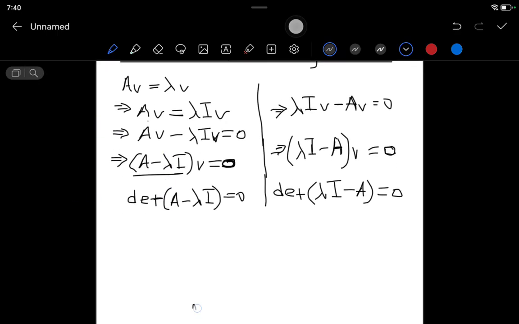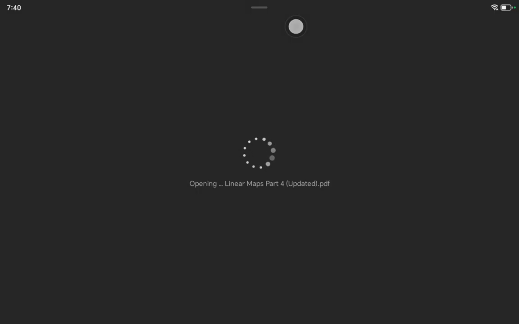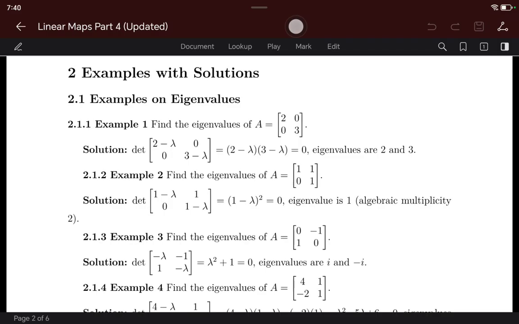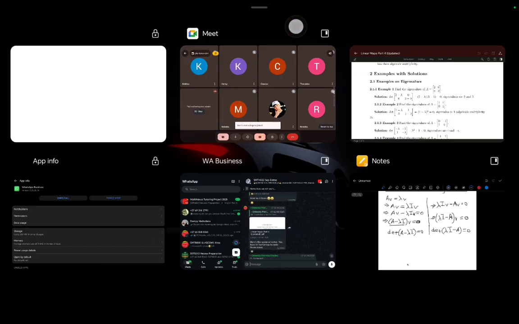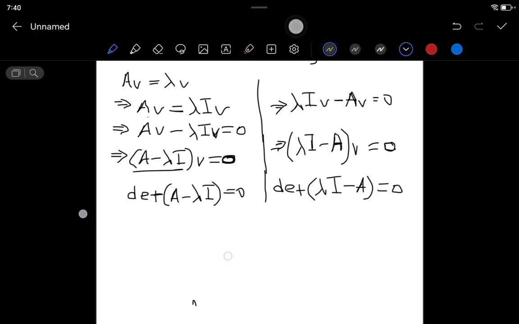Now we're given a question here. The first question, they say we should find the eigenvalues of A equals 2 3, 0 0. Let's look at that.